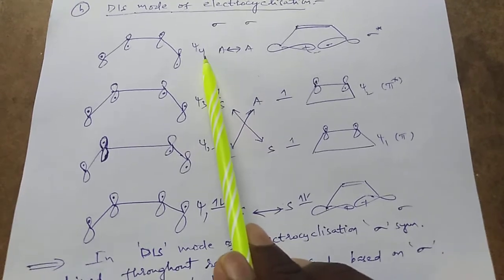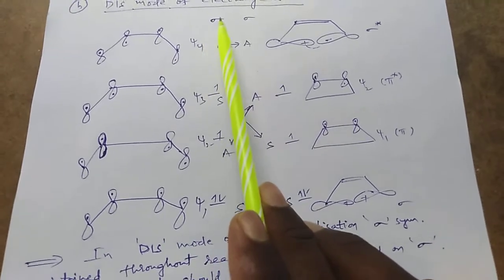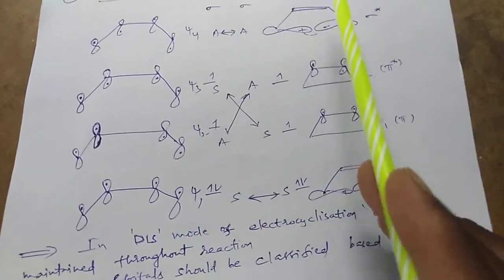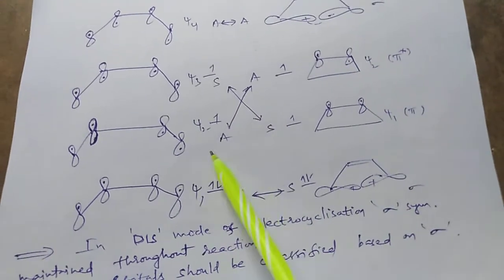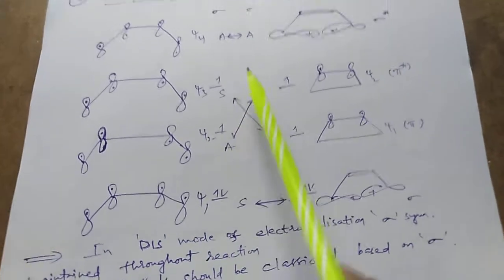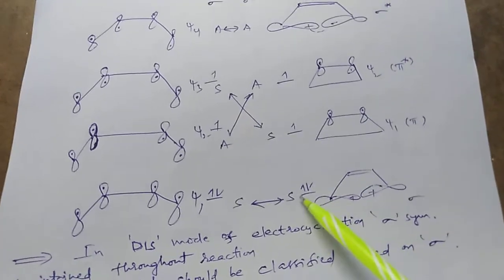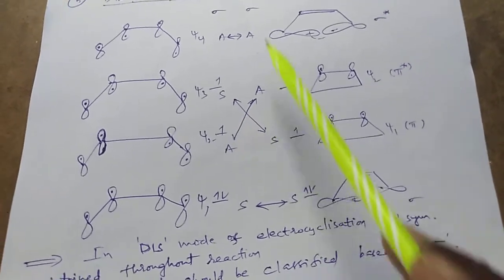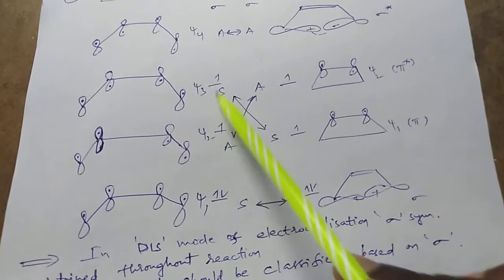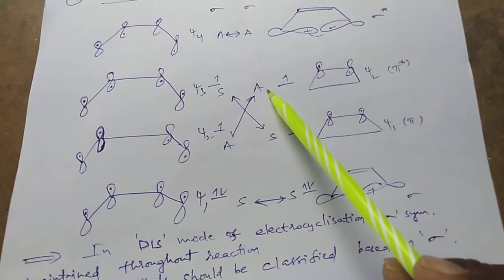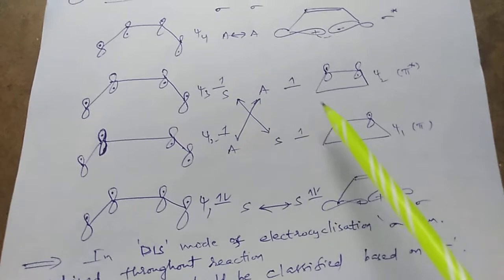In this mode of rotation, the symmetry element is sigma. Sigma means plane of symmetry. Psi1 has S, Psi2 has A, Psi3 has S, Psi4 has A. In the molecular orbitals, S, S, A, A. The correlation for Psi2, Psi3: same symmetry elements for the reactant side and the product side.